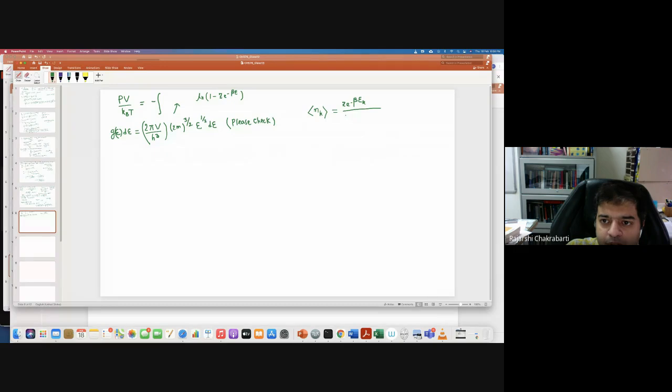The first one will give you 1 minus, this is for bosons, isn't it? Because I want to make a general statement here. Very important that I make it.